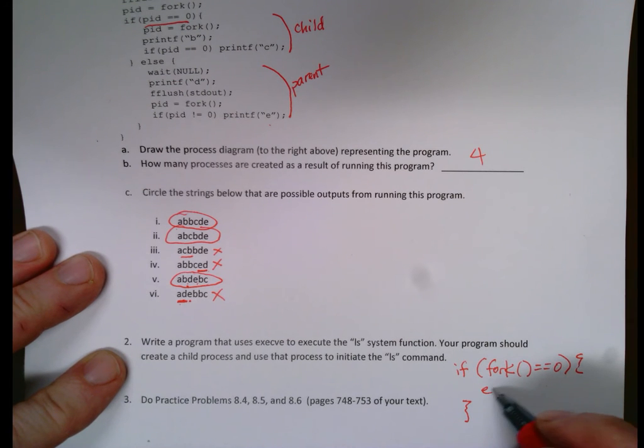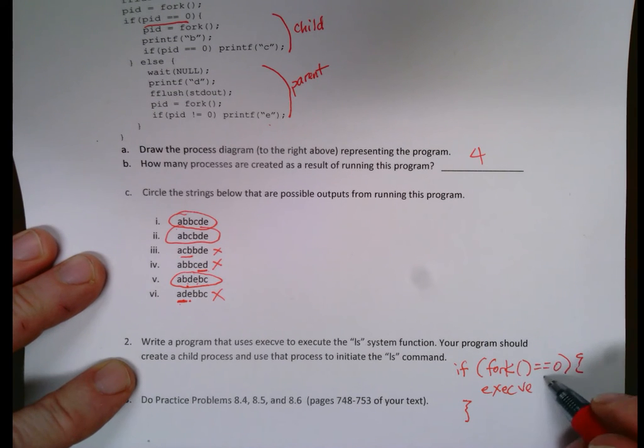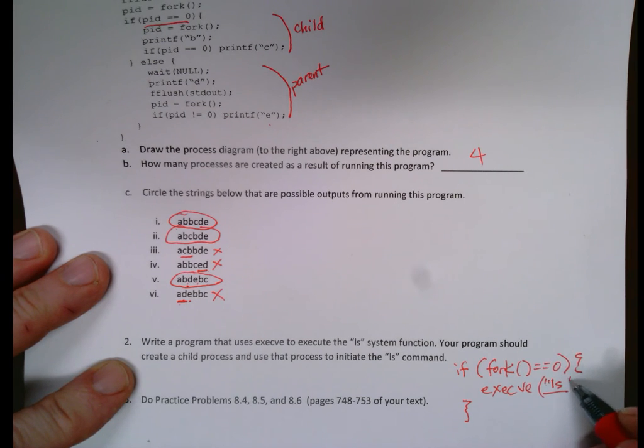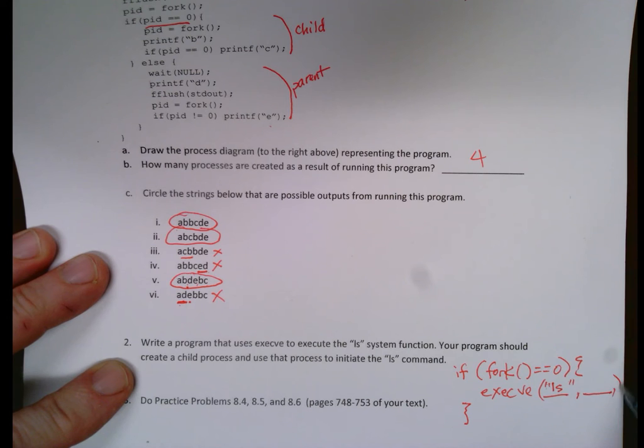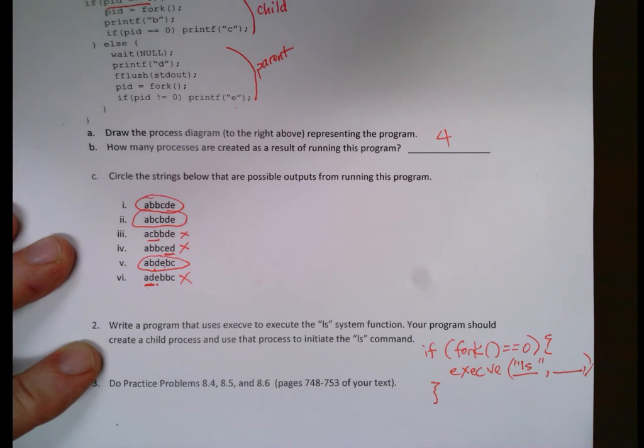Then you would call a flavor of the exec function, and if you chose execve, you would give it the parameters. In this case, you would have an ls command and then a vector consisting of the ls command and then the environment. I'm not going to show all of that.